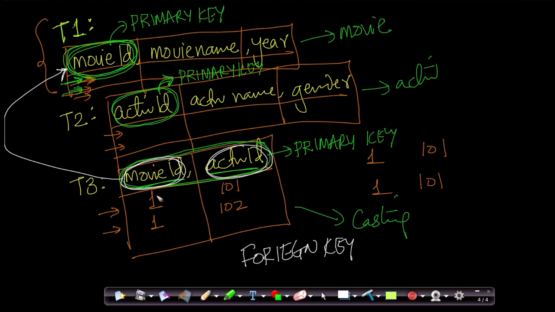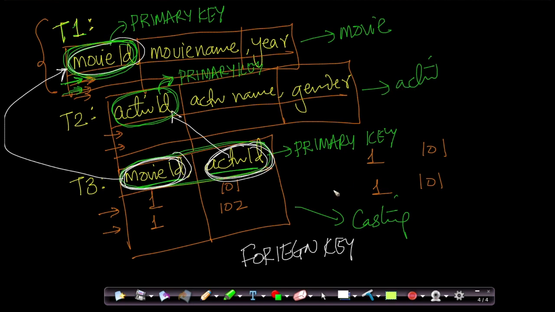If you have a movie ID here which is not present in the movie table, that is wrong information. So movie ID in table 3 is a foreign key with respect to table 1 because this movie ID should be present here, otherwise it's not useful. Similarly, actor ID here is a foreign key to the actor ID column in my actor table.